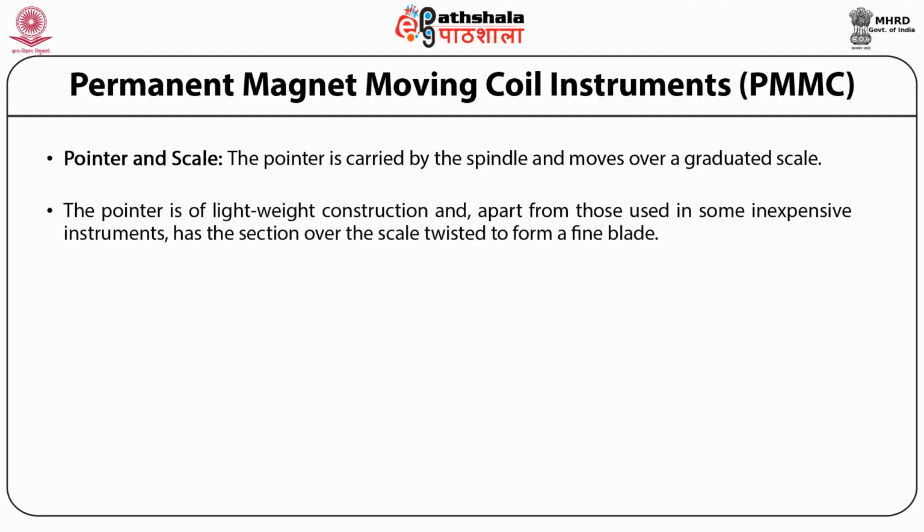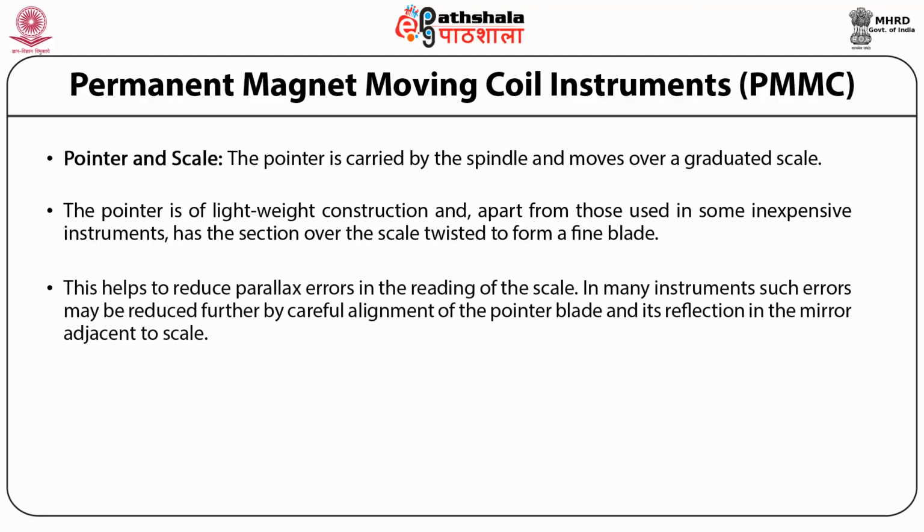The pointer is of lightweight construction and, apart from those used in some inexpensive instruments, has the section over the scale twisted to form a fine blade. This helps to reduce parallax errors in the reading of the scale.